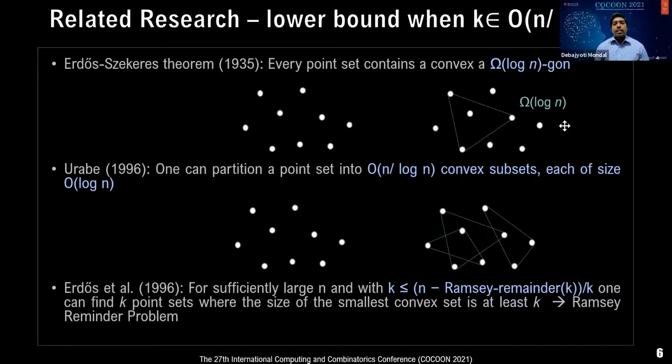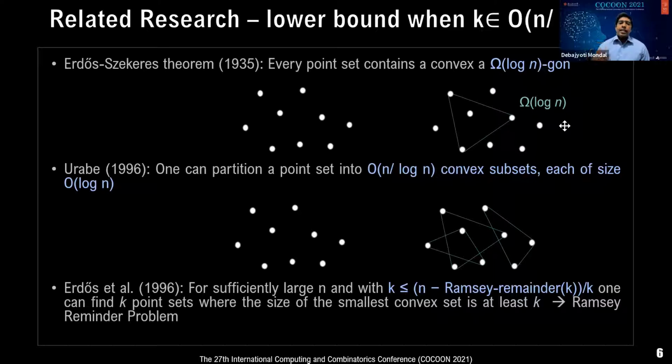But there are other research results that provide us with some bounds. For example, in 1935, the Erdős–Szekeres theorem implies that every point set contains a convex log n-gon, so we can find a fairly large subset which is convex.